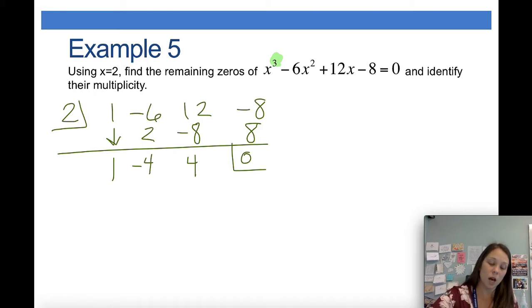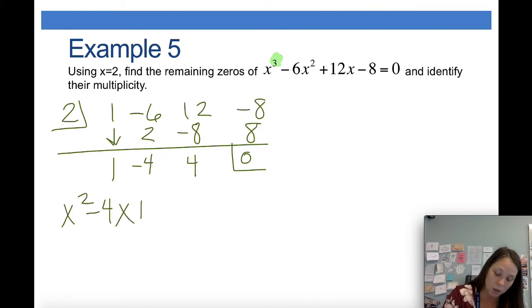So now what we've done is we've done a little bit of division, and we're left with this function of x squared minus 4x plus 4, because we had something that was cubic, and we divided it by a linear binomial.